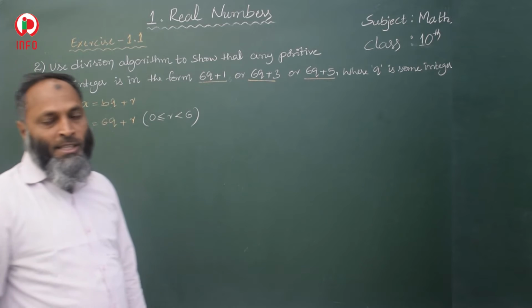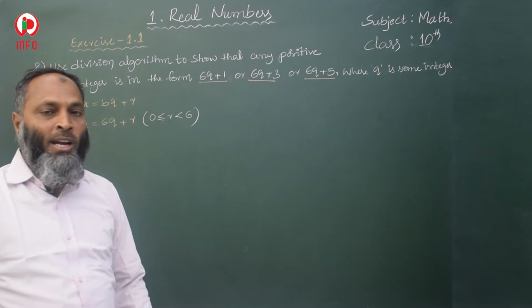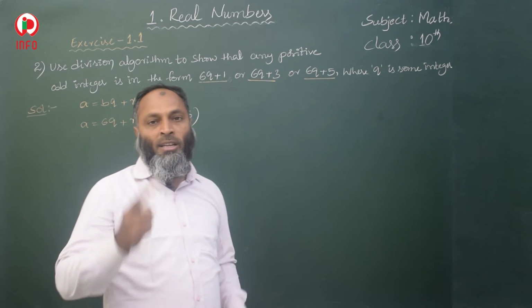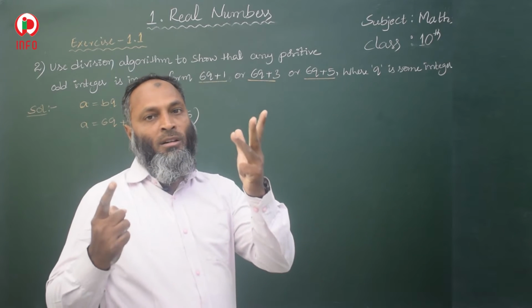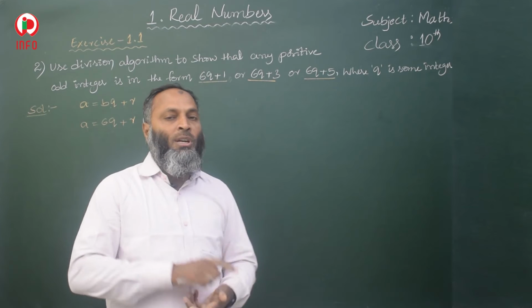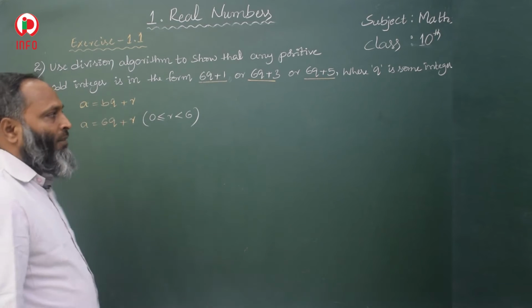When we divide with 6, total how many remainders will you get? Total 6 remainders: 0, 1, 2, 3, 4, 5. Any one you will get.